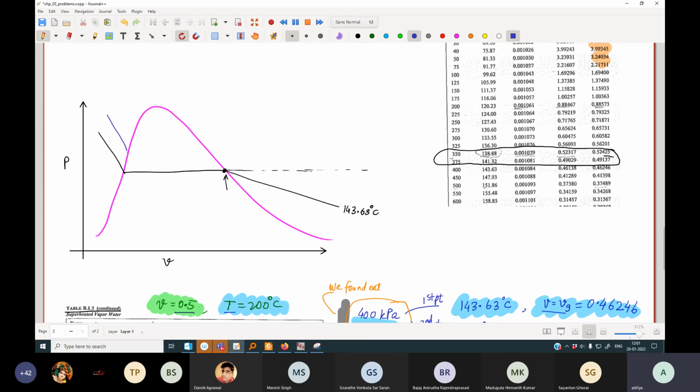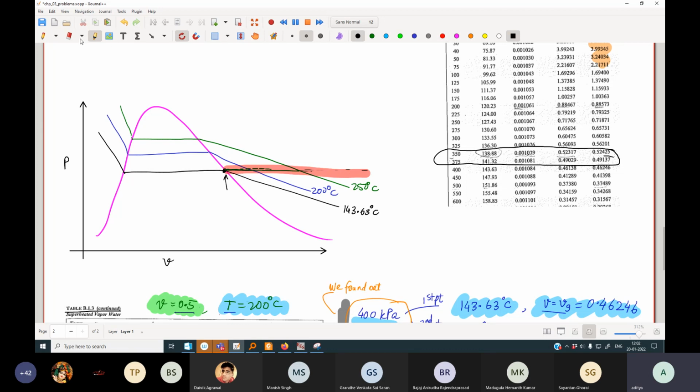Then you will have the 200 degrees Celsius isotherm. Then you will have the 250 degrees Celsius isotherm and so on. So all the points on this curve, we should have a fair idea about.